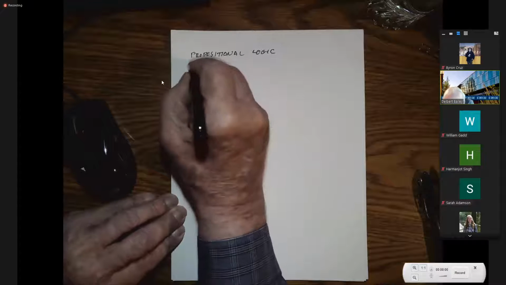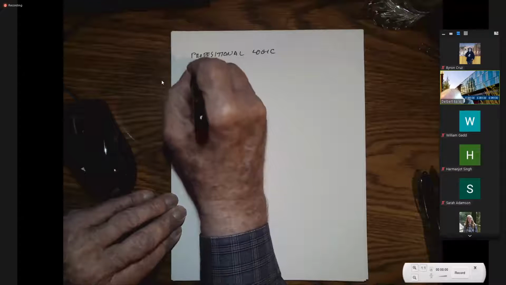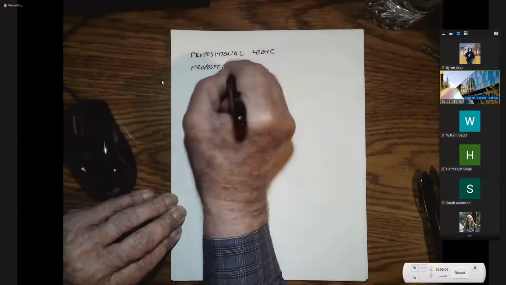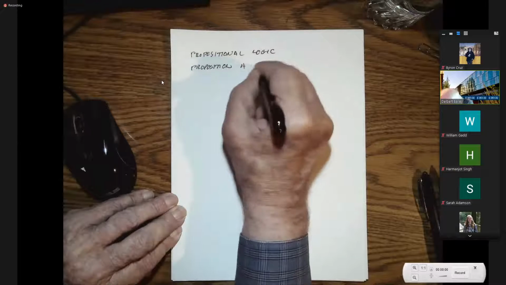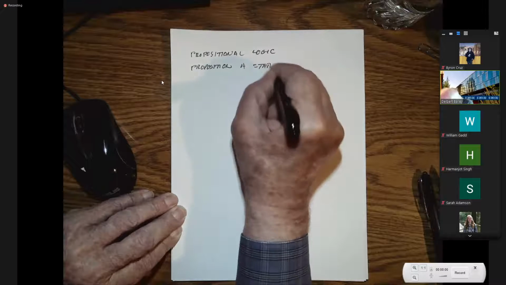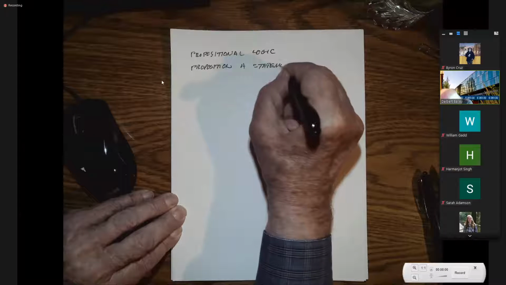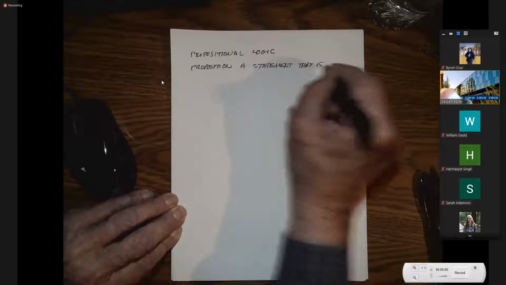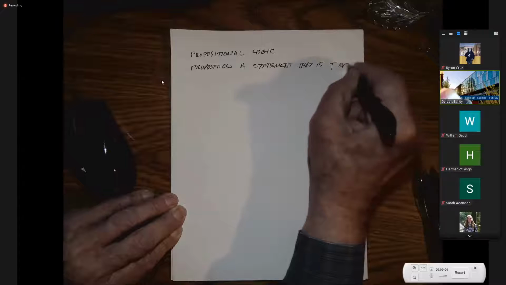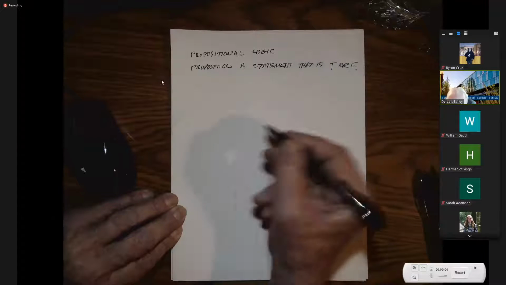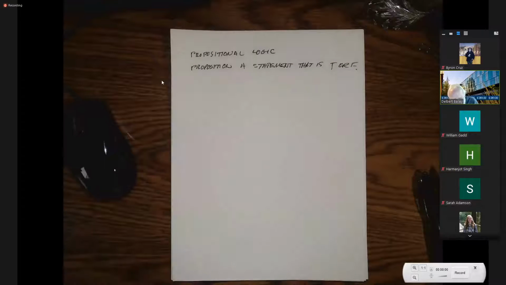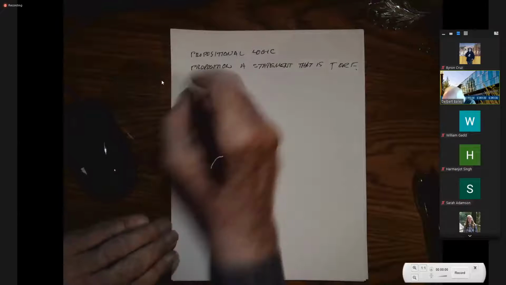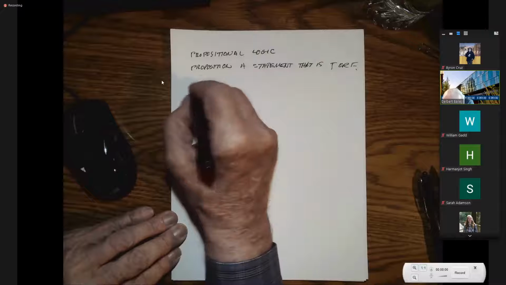Okay, so what's a proposition? It's a statement that's either true or false. We have a whole bunch of standard symbols that are set up to make it easy to reason with these things.